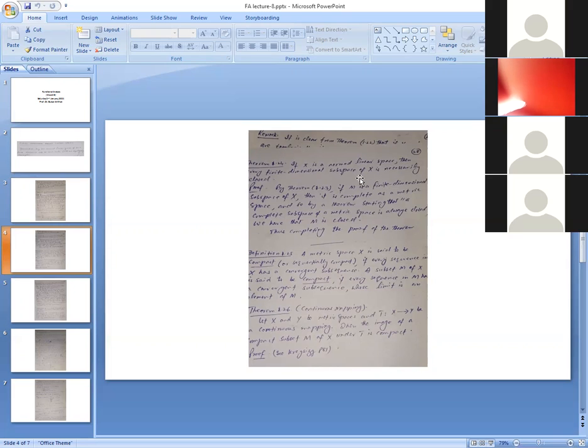So by this result, every finite dimensional subspace of a nonlinear space X is always closed.